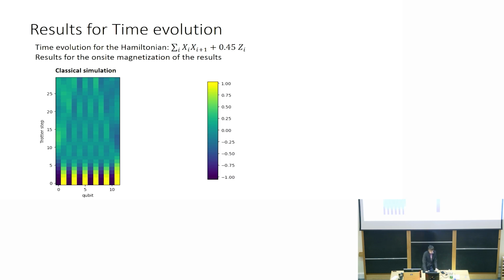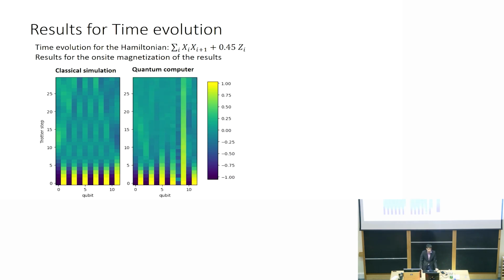Now you can compare it again with a quantum computer. It looks not that bad, in fact, especially when you have in mind that before we had a 2% error rate per gate. So especially at the beginning, you see these oscillations. There is 1 qubit where this oscillation does not really decay, which indicates that probably this qubit does not work properly.